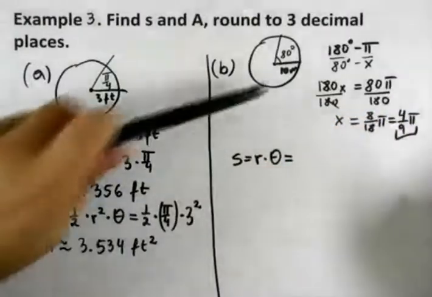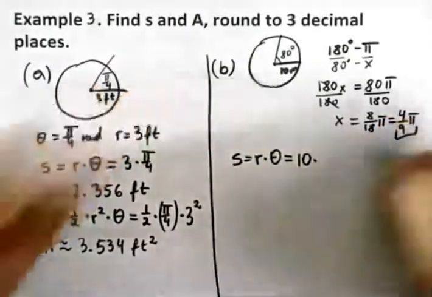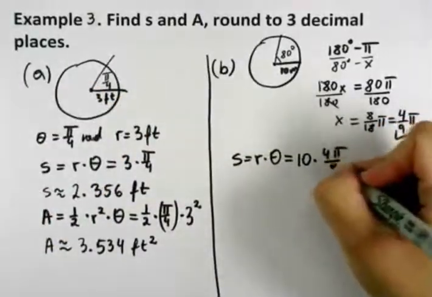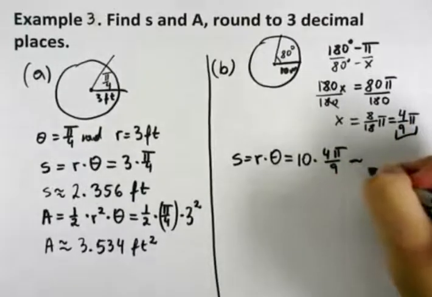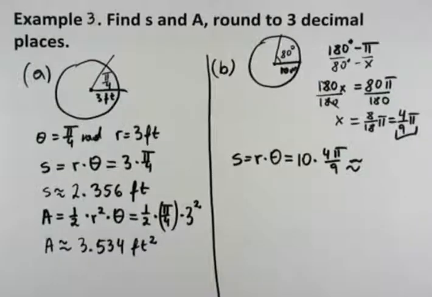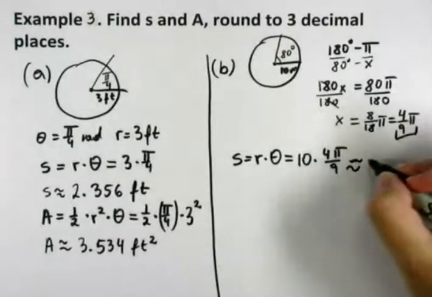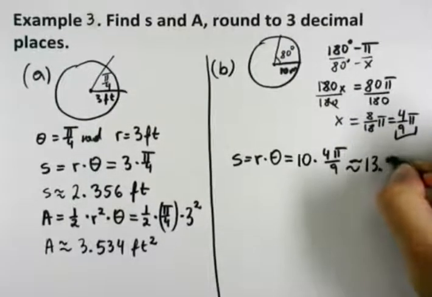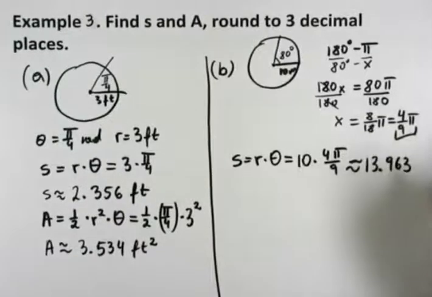So my radius is 10 meters times my theta 4 pi over 9, and we can get the approximate value to 3 decimal places, so it's 13.963, and its unit is meters. 13.963 meters.